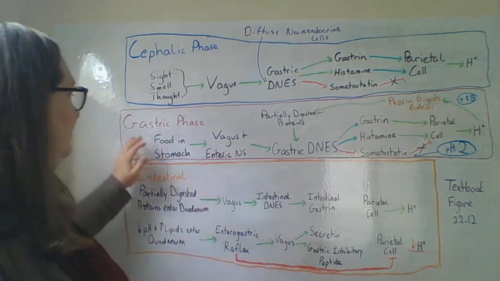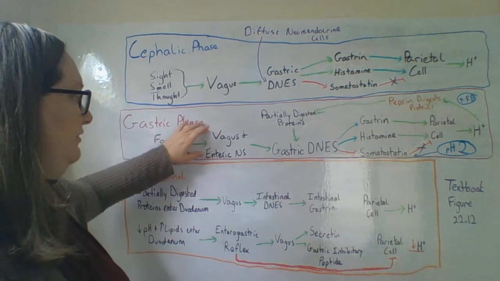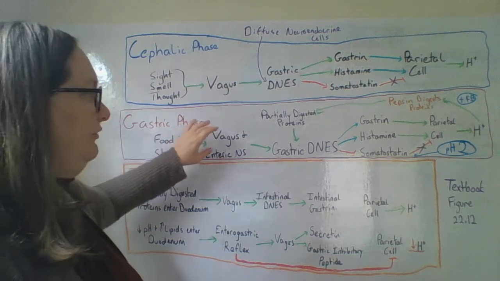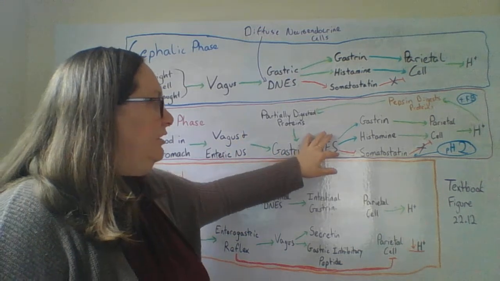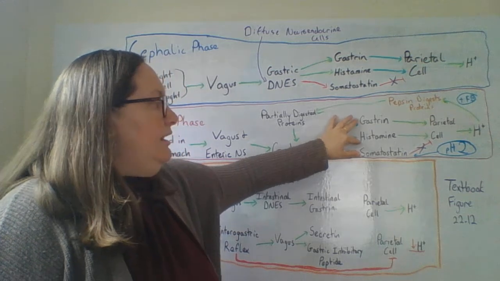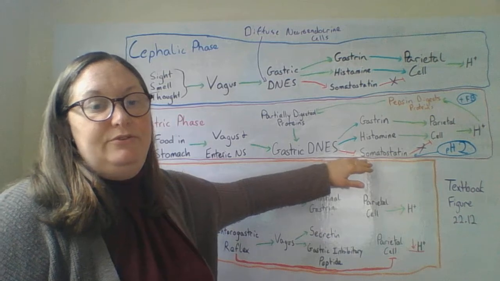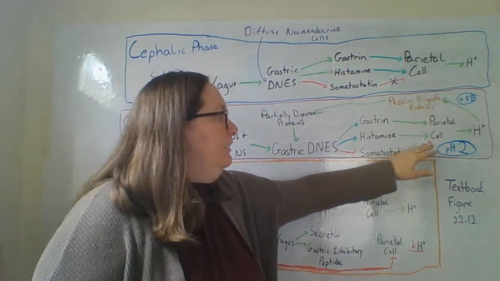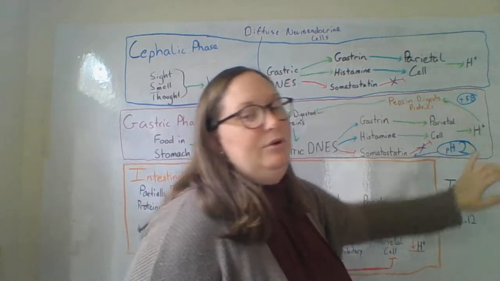So for the gastric phase, the food is now in the stomach. You're activating the vagus and the enteric nervous system. The gastric diffuse neuroendocrine cells now are again going to activate gastrin and histamine and inhibit somatostatin, which is an inhibitor itself. So you're going to get more parietal cell activity and more hydrogen ion secretion.